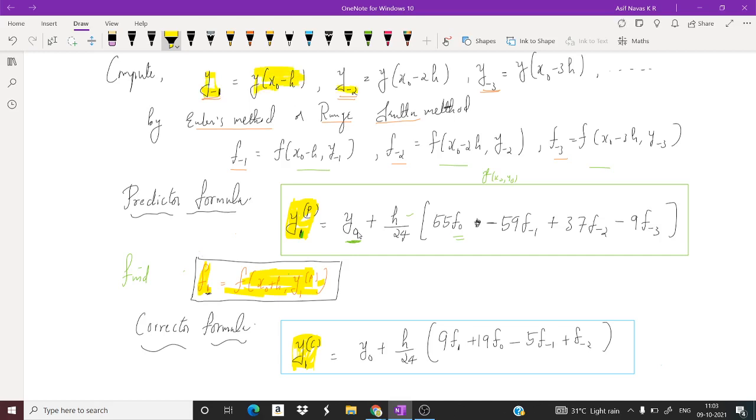Either these values are given in the question, otherwise we find them by the Runge-Kutta or Euler's method.